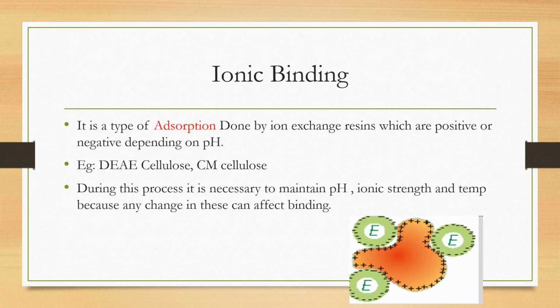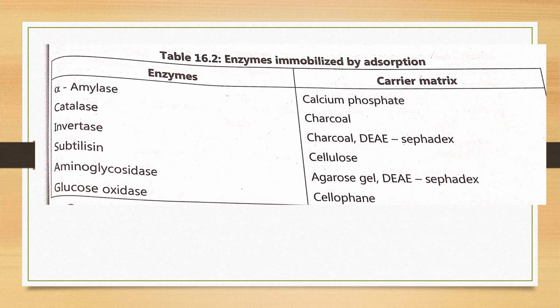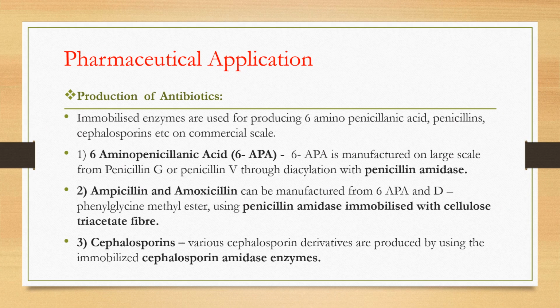Next is ionic binding. It is a type of adsorption where the carriers we use are ion exchange resins, which are positively or negatively charged. And during this process, maintenance of pH, ionic strength, etc. is required. These are the examples of enzymes that are immobilized by adsorption and ionic binding.